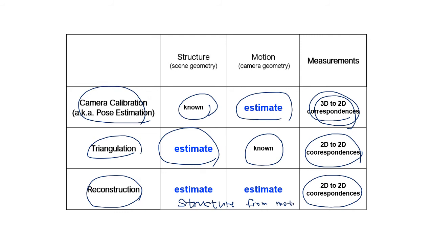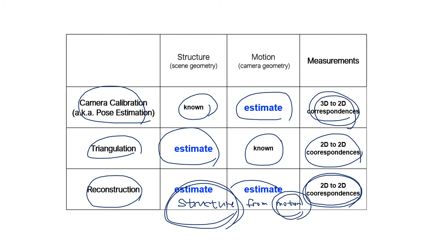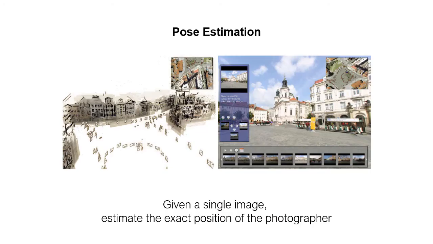So it means that from 2D to 2D correspondences, we estimate motion, and from motion, we estimate structure, and also from structure, we can have more accurate motion. So these two parts are very complementary. So this structure from motion is very interesting technology, very interesting algorithms, but it is very hard to estimate accurately. Let's see the example of pose estimation.